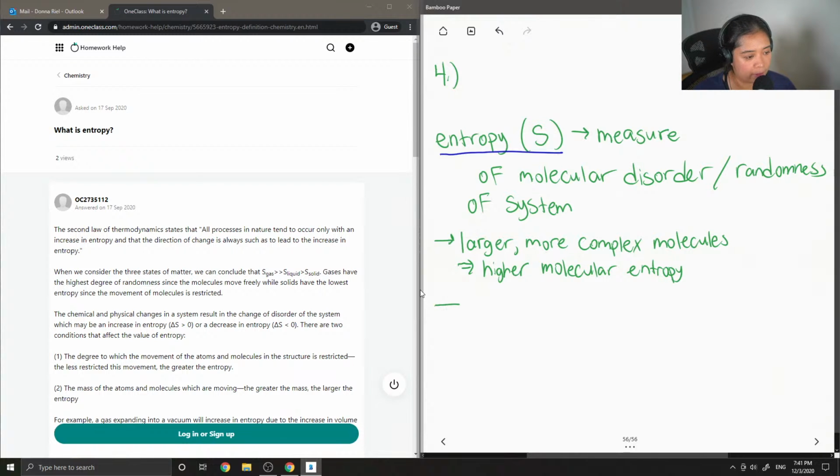Another thing about entropy is that when a reaction increases in entropy, so I can write this as if delta S increases, then this means this reaction was favorable and spontaneous.